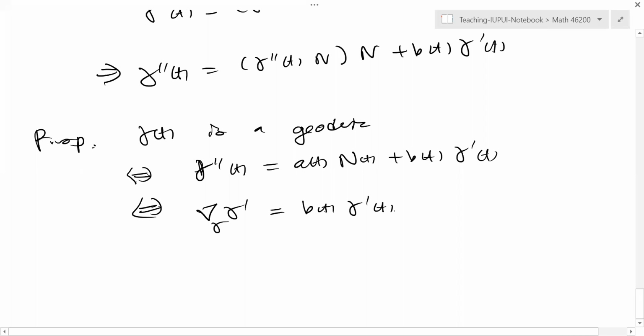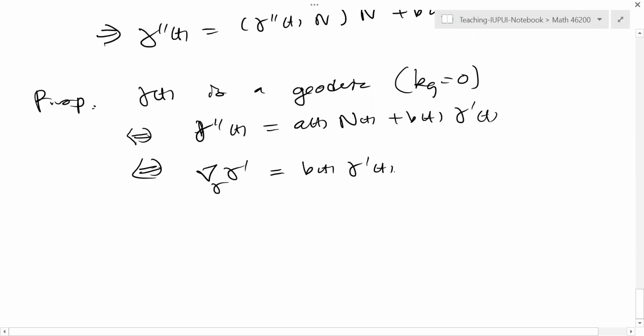Those are the equivalents. By definition, that means the geodesic curvature is 0. So we can use that to prove whether a curve is geodesic or not.